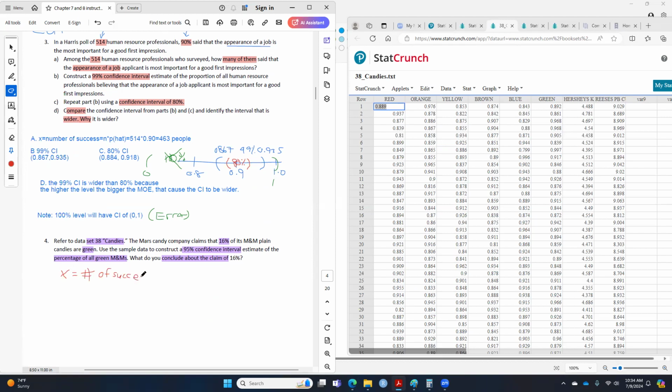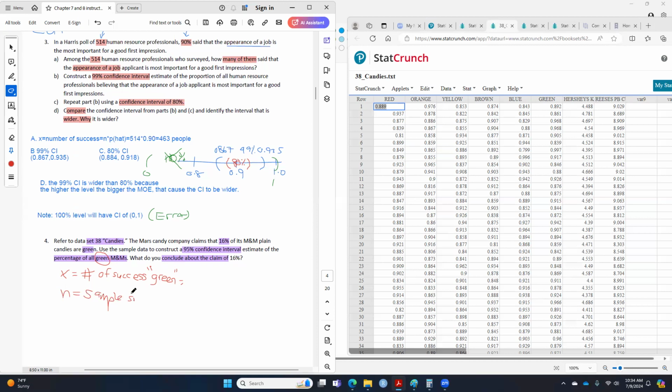Because this question is asking us to find the green color. So X in this case is how many green M&M candies do we have that he used. And then N in this case is your sample size. So you have to figure out what the sample size is.